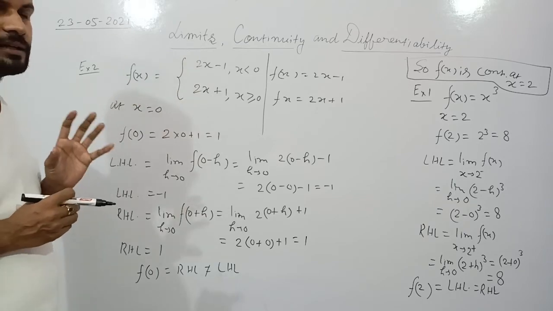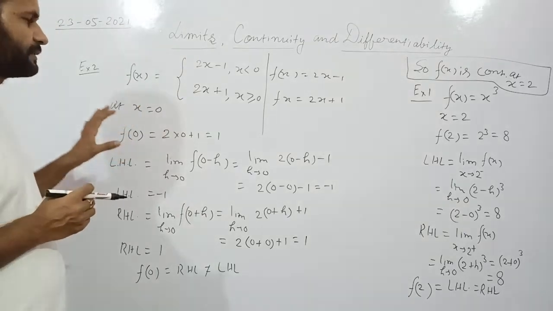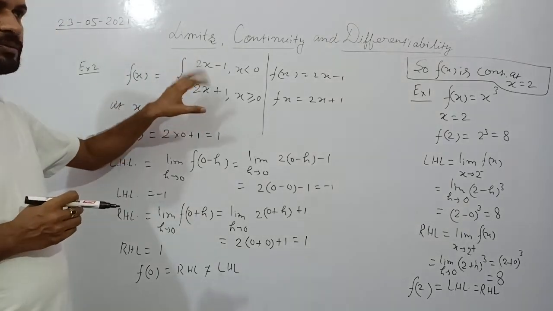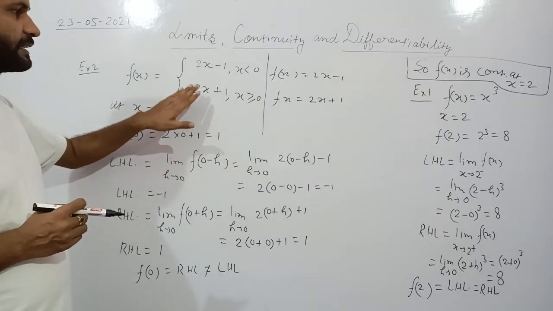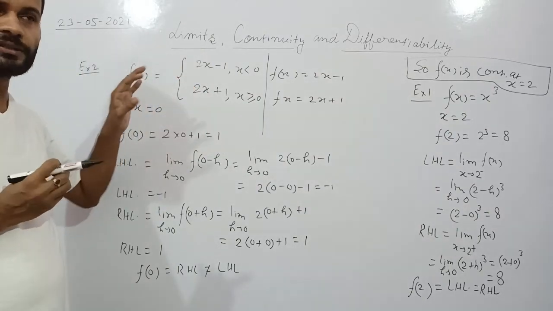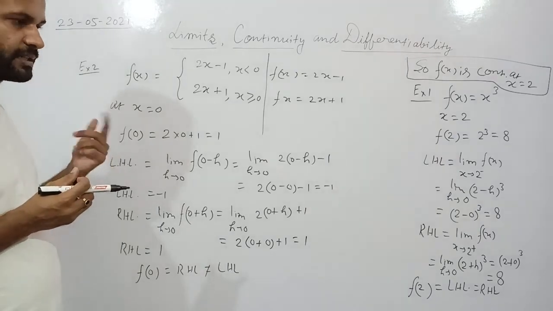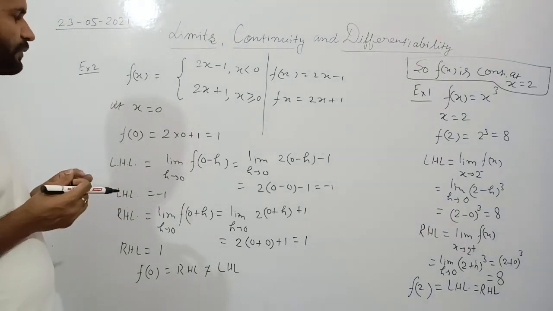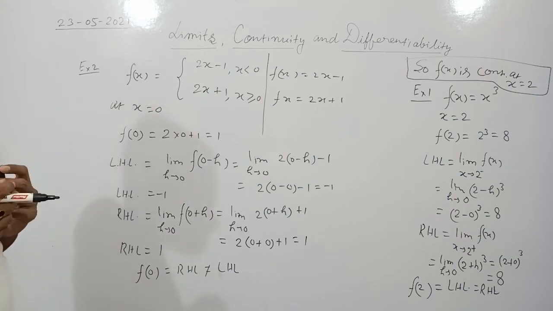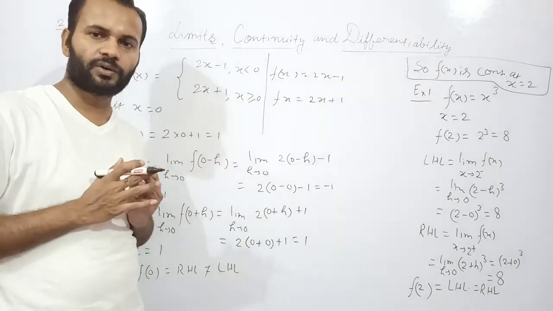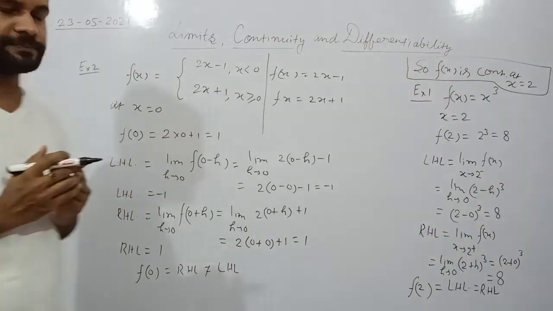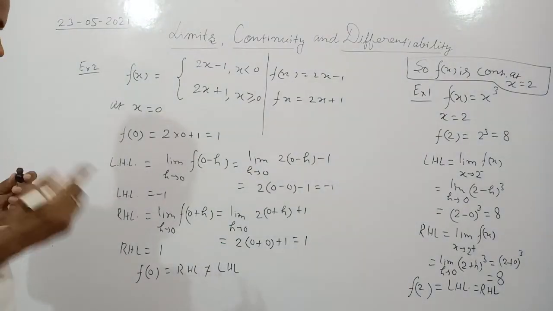Therefore, we can say that this function f(x), which is a broken type of function, is discontinuous. You will be surprised to know that there are more functions besides broken functions which are discontinuous at some values. The next example will be in the next video. Those are called step functions, or greater than or less than integer type functions.